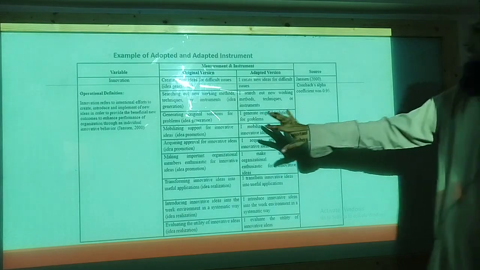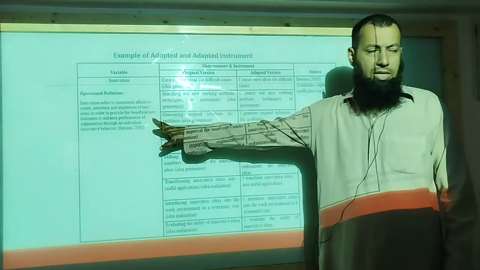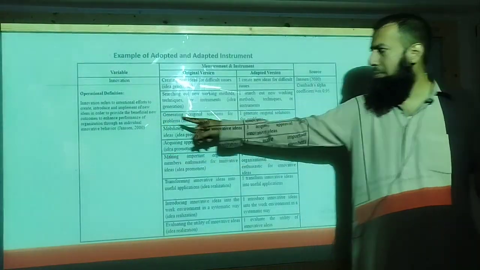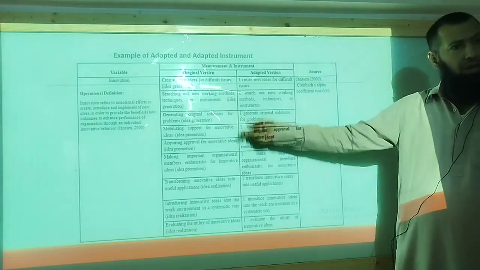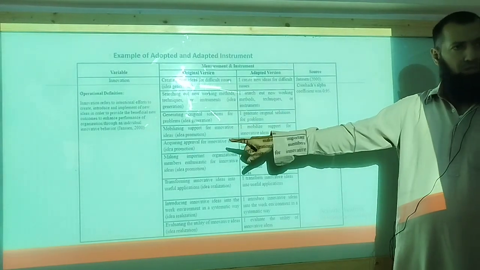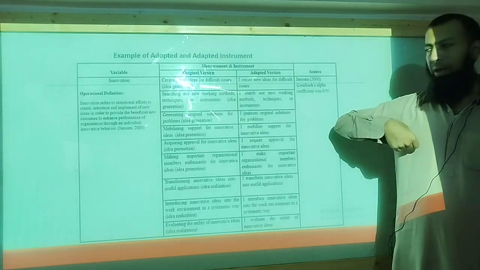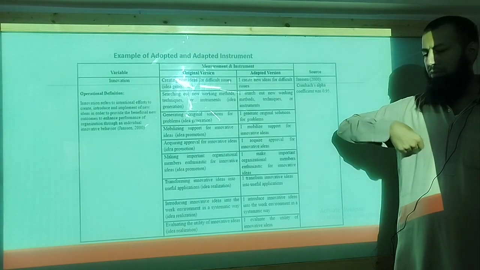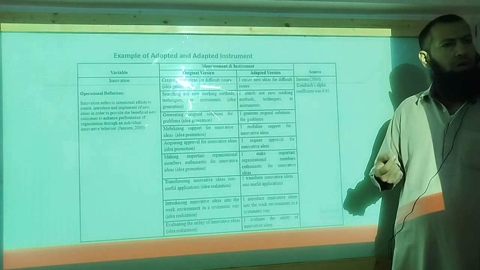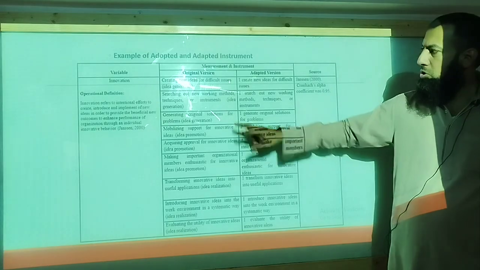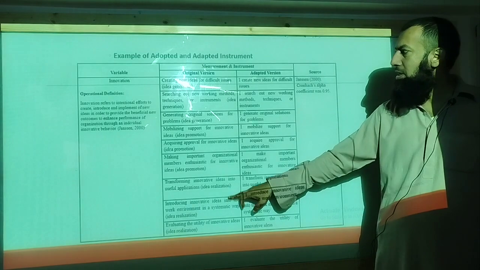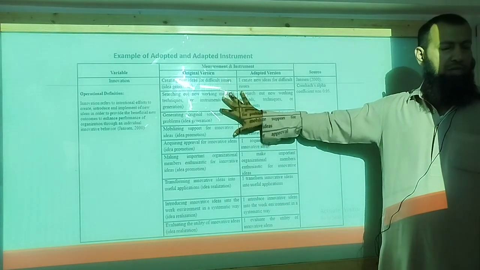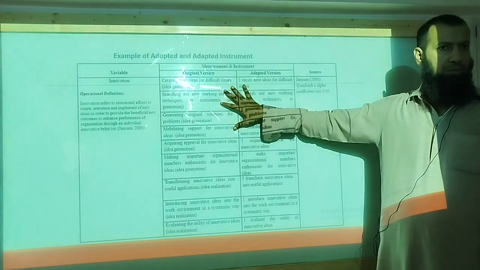You see, this is the example. Very good example. Over here, it's an operational definition of a variable. This is the original version where the variable has been already used to solve the problem. Over there you see these are the elements, and from these elements these are the items.